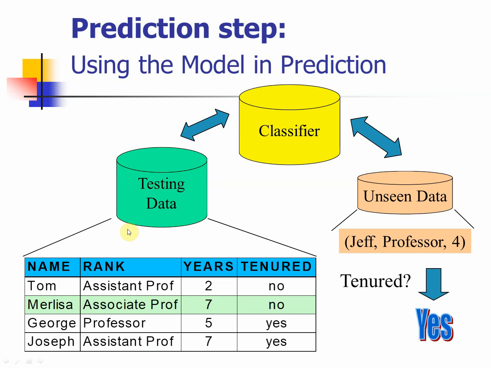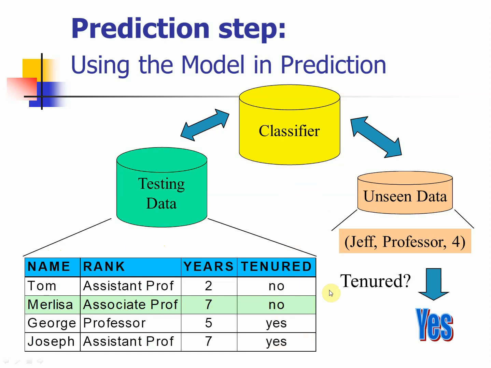And one thing you can see is that even though this is the testing data set, you might be curious: didn't you say that you don't know whether or not they are tenured? In this case, we do know whether they are tenured or not, but we try to hide this information, so that when we put our testing data into the classifier, we only put the first, second, and third columns into it, and then the classifier tells us whether they are tenured or not.